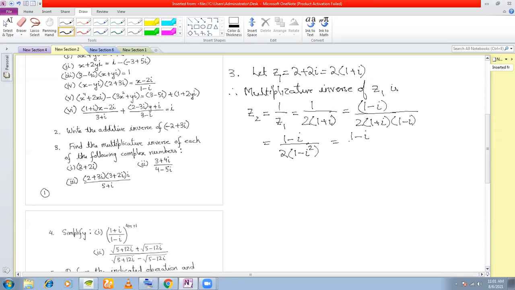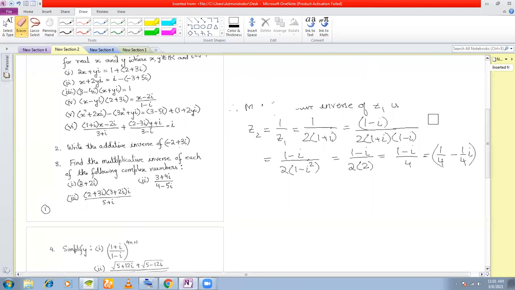You get 1 minus i by twice, i square is minus 1, so this becomes 1 plus 1, 2. It becomes 1 minus i by 4. So now if you separate the real and imaginary parts, you will get 1/4 minus 1/4 i. This is the multiplicative inverse.